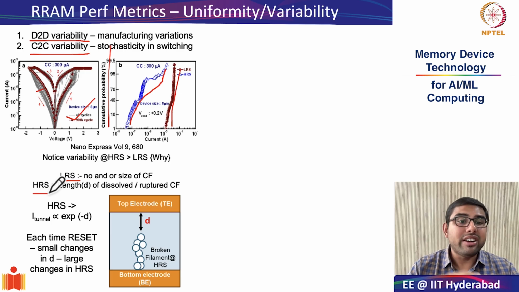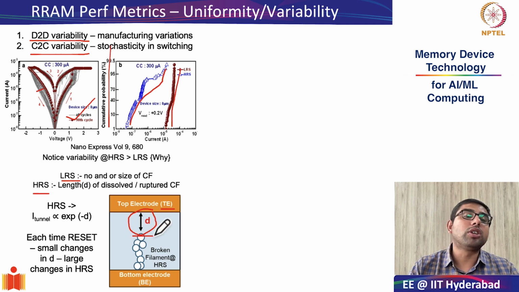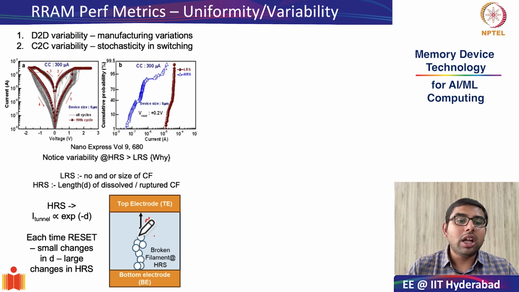what determines the variability is this parameter D. D here, as you can see in our figure, is the distance between the top electrode and the topmost point of your dissolved conductive filament. The high resistance state is determined by the tunneling of electrons from this tip to the top electrode.